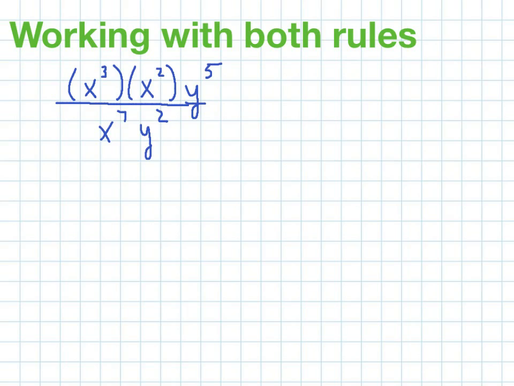Now we're going to practice taking both rules and putting them together, because this is what you're going to have to be able to do ultimately. So we could expand. So I could do this.